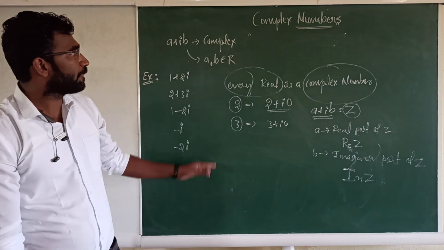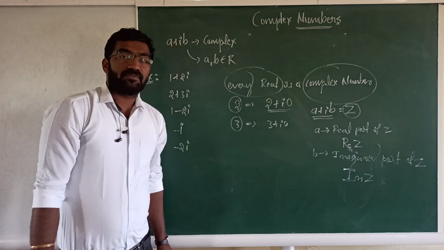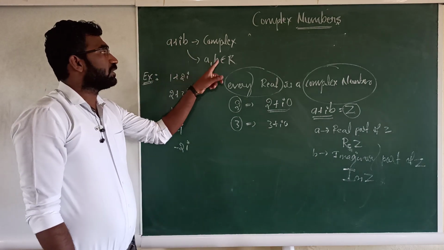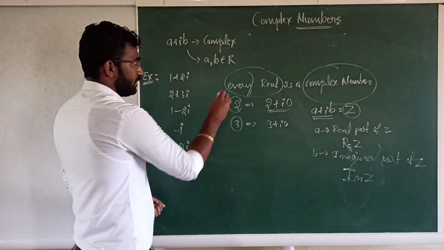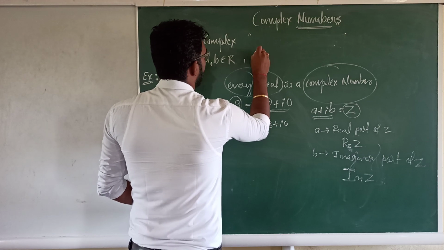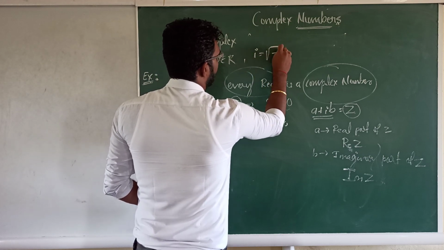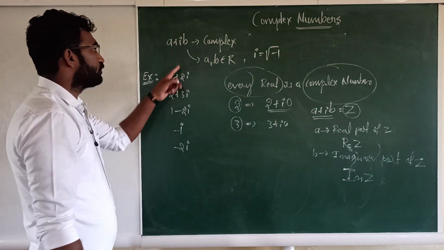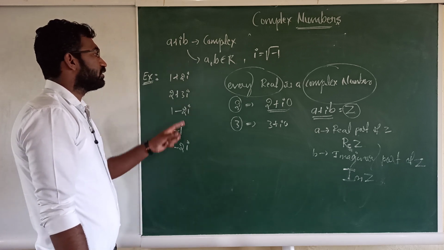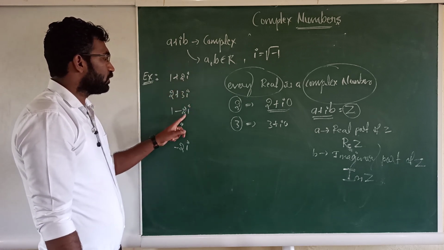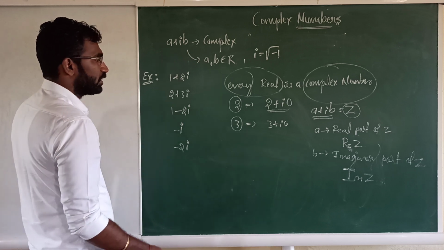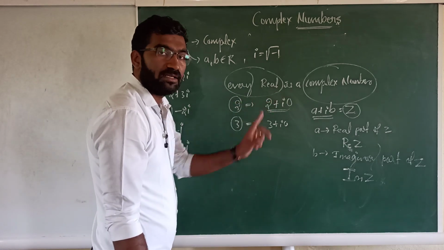So simple. A number of the form a plus ib is called a complex number, where a and b are real numbers, and i is equal to root of minus 1, right? For example, 1 plus 2i is a complex number, 2 plus 3i is also a complex number. So every real number is a complex number.